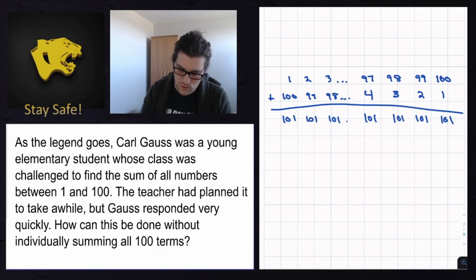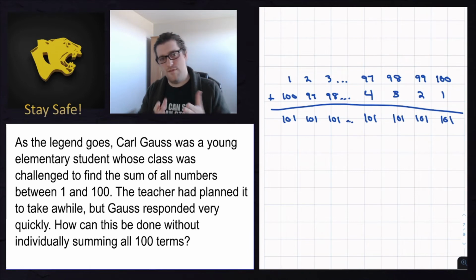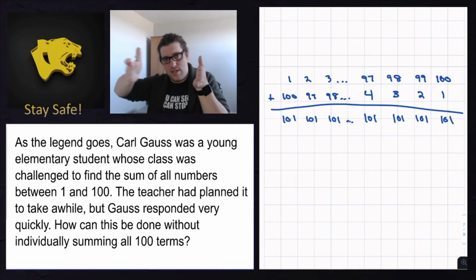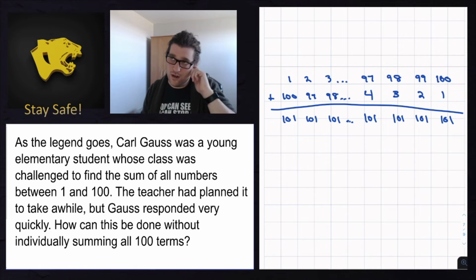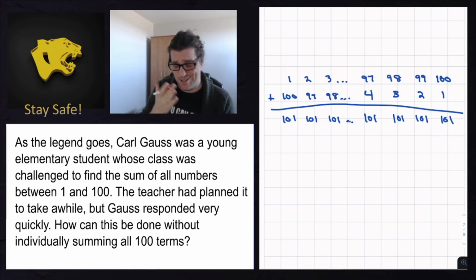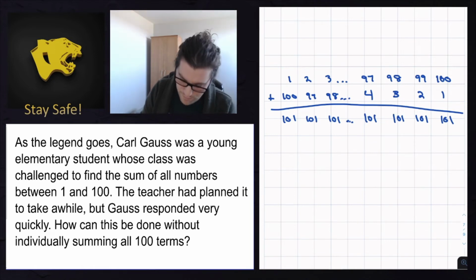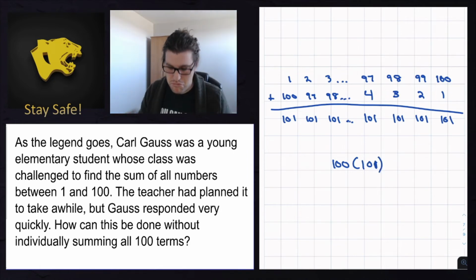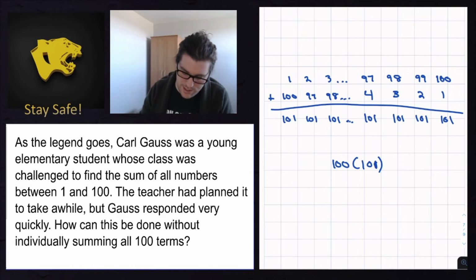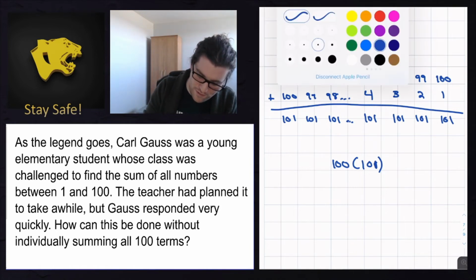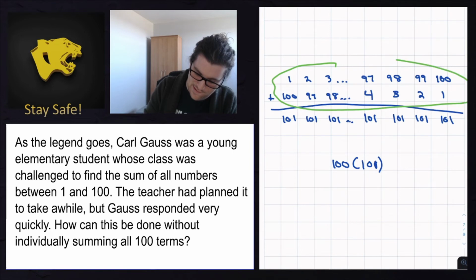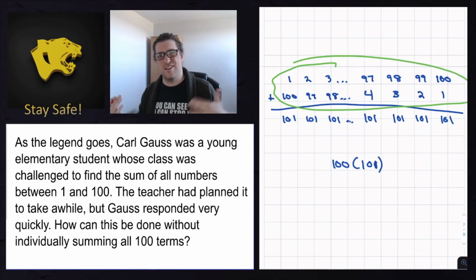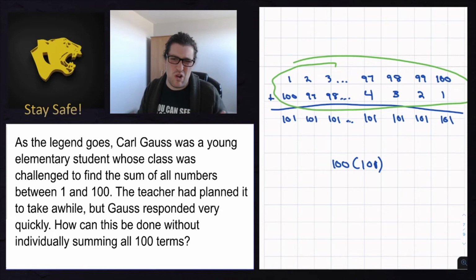How many 101s would I have? Well, I'd have the same number of 101s as the number of values in my original list. So my original list is from 1 to 100. That's 100 different values. So I have 100 different sums of 101. Great. But that's not the answer, because this is actually two of the lists. I took the same list and added it, but I don't want two lists.